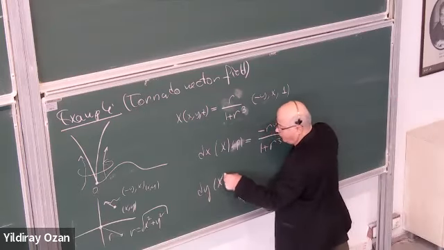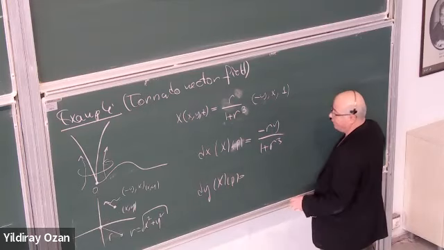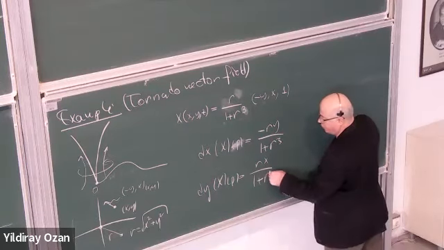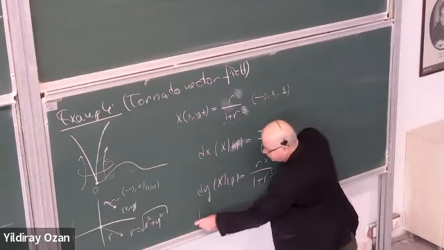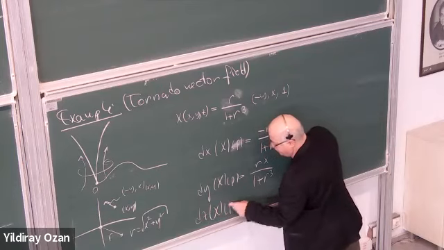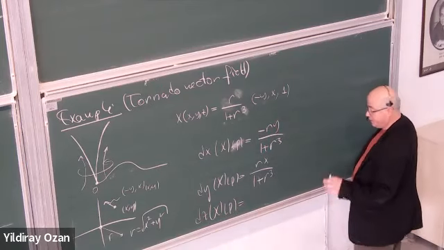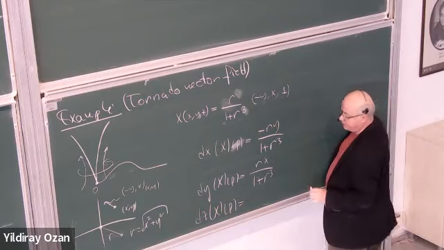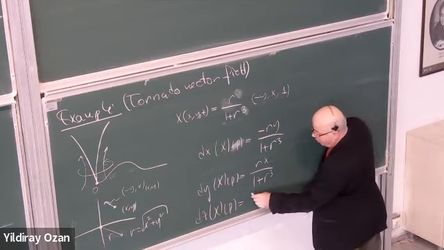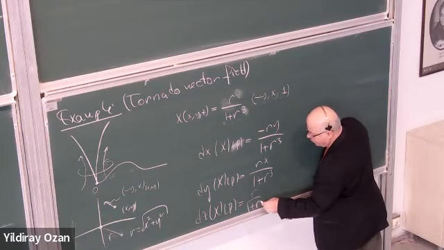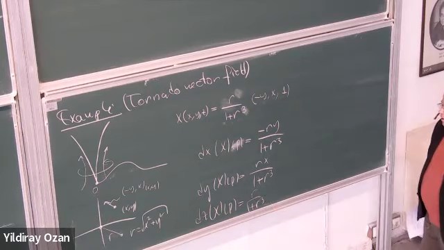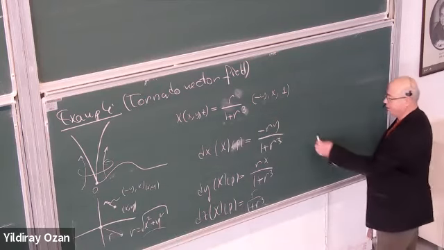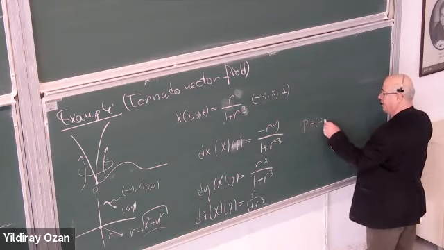The component of the flow in the y direction is rx over 1 plus r cubed, and dz at P is the component along the z direction. It is just r over 1 plus r cubed, r being this expression at the point P. Here P is the point, let's say, (x, y, z).